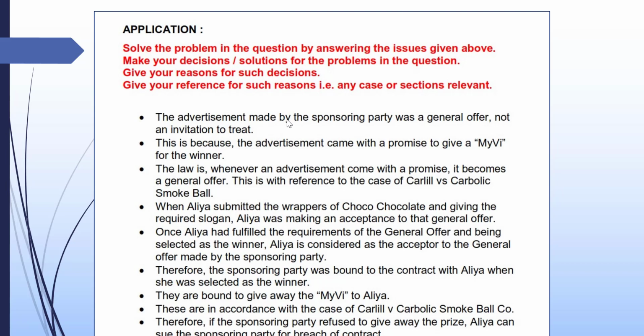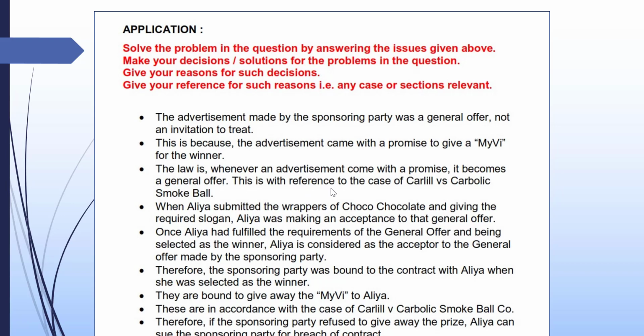You decide that the advertisement was a general offer, not an invitation to trade. Why? Because the advertisement came with a promise, that is to give a Myvi for the winner. So the law is whenever an advertisement comes with a promise, it becomes a general offer.